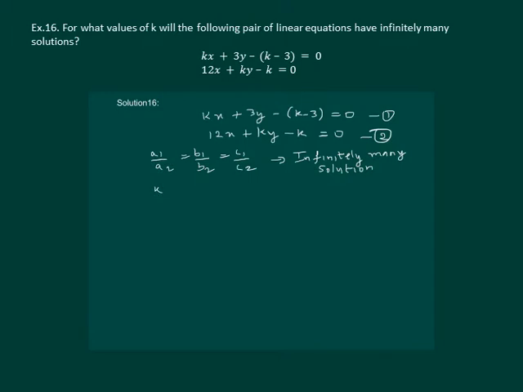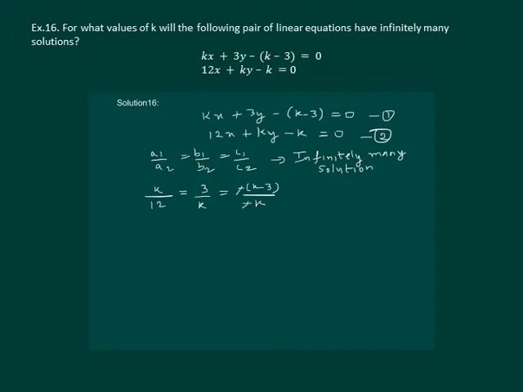k by 12, that is a1 by a2, is equal to 3 by k, that is b1 by b2, is equal to k minus 3 by k. Actually it is minus k minus 3 by minus k, which gets cancelled. So that is why k minus 3 by k.